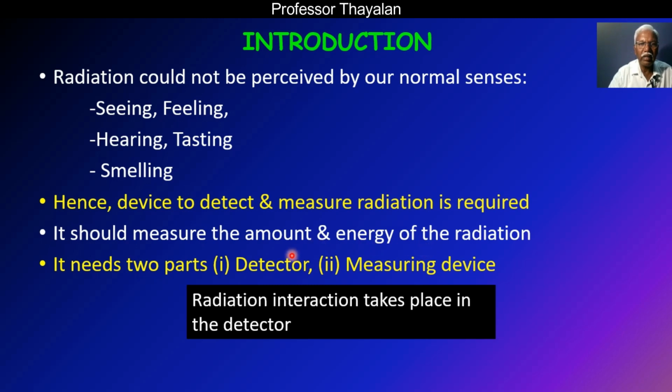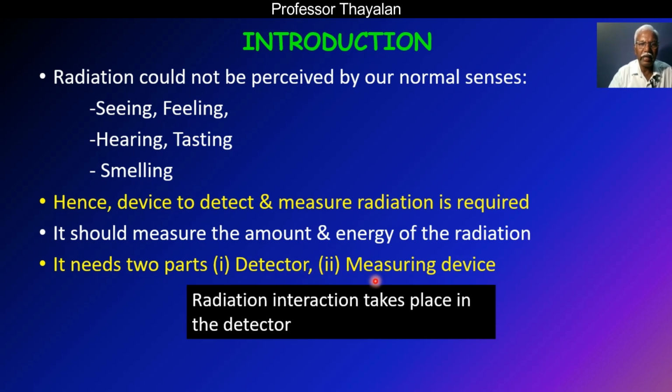What devices do we need? We need two types of devices: one is a detector and the other is a measuring device. The measuring device and the detector combined together, we call a radiation detector. It can be a radiation survey meter, a contamination monitor, or a dosimeter.